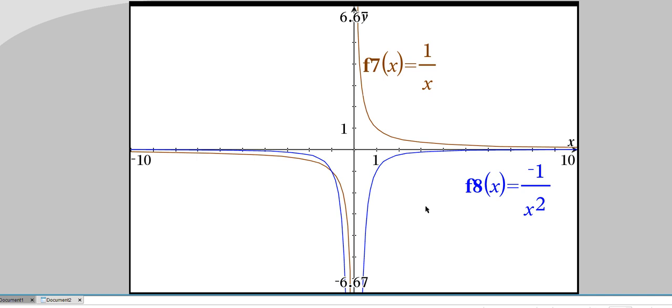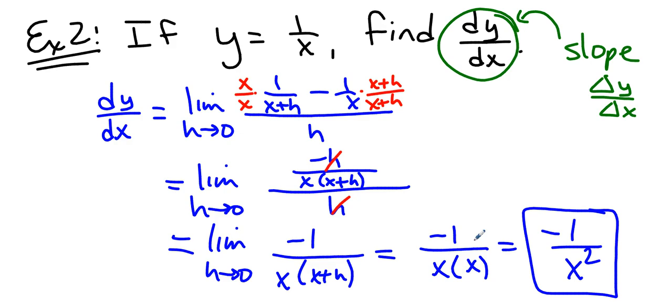The blue derivative always lives below the x-axis. All of its values are negative. So there seems to be a connection between a function decreasing and its derivative being below the axis, being negative. And so that's something we want to keep tucked away in our mind's eye.